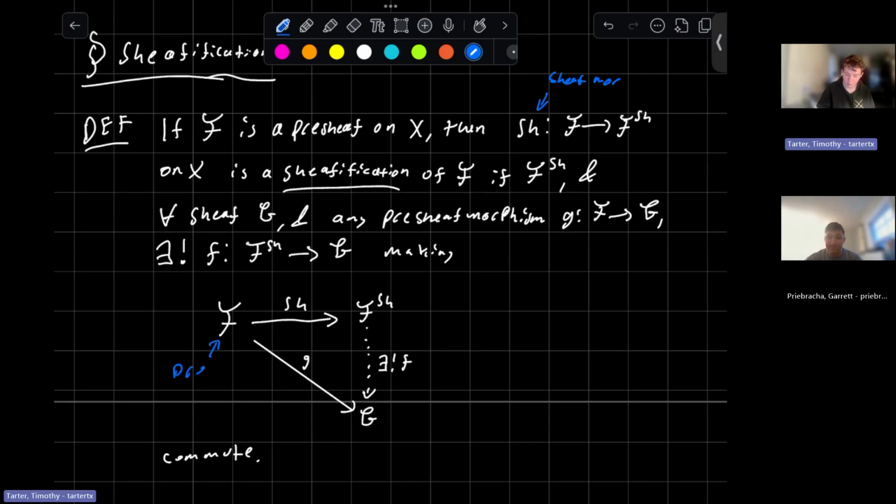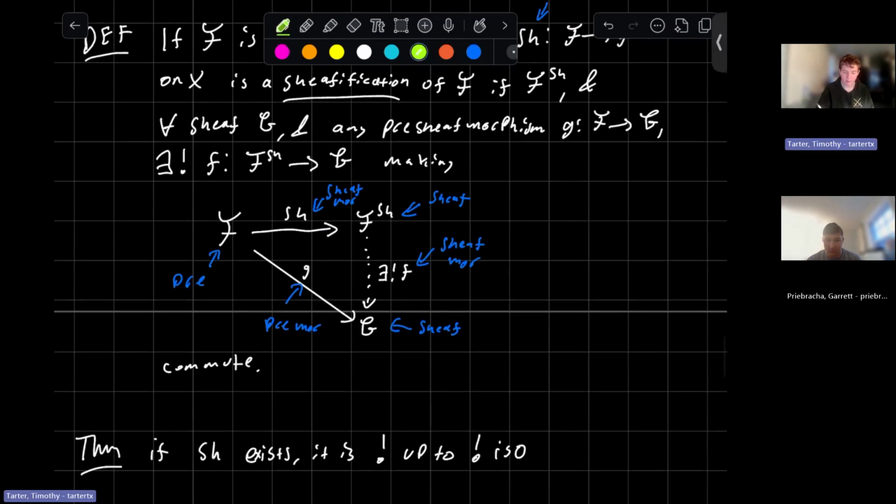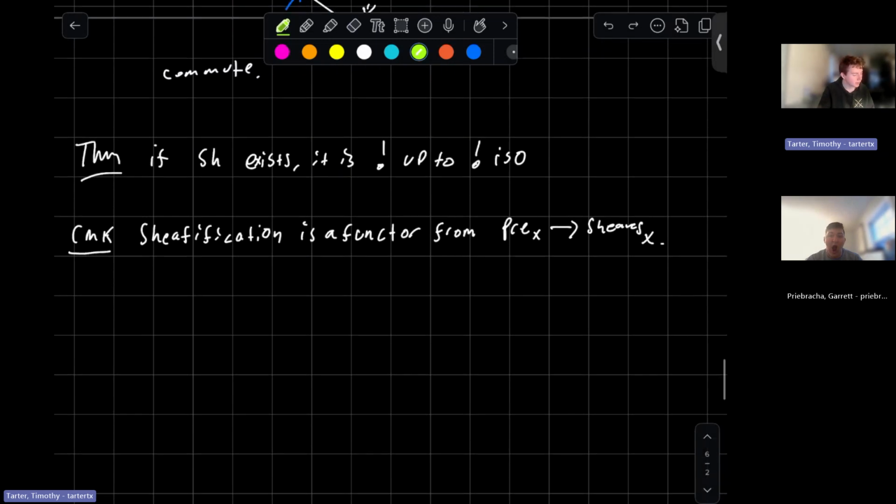This is a pre-sheaf, this is a sheaf. This is a pre-sheaf morphism, this is a sheaf morphism. And so this gets sent to this. That's the object getting sent, this is the morphism that gets sent. And it's a functor.